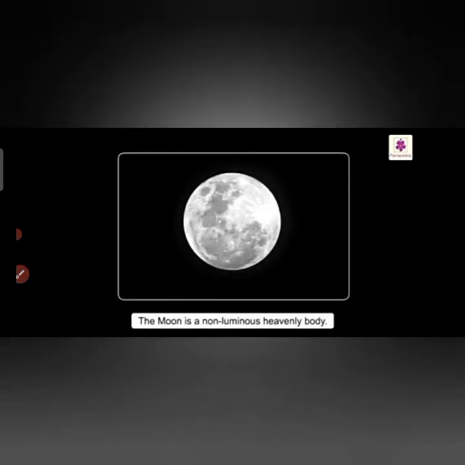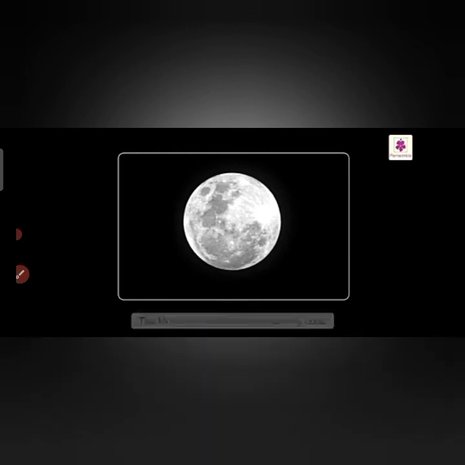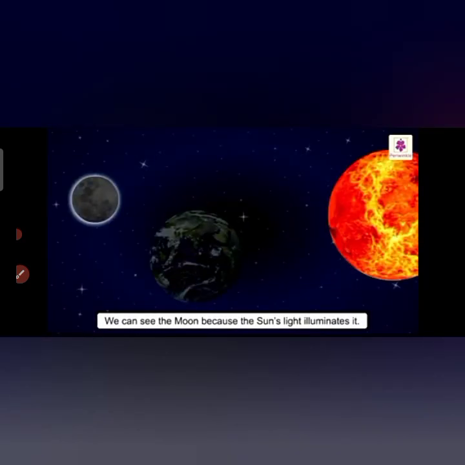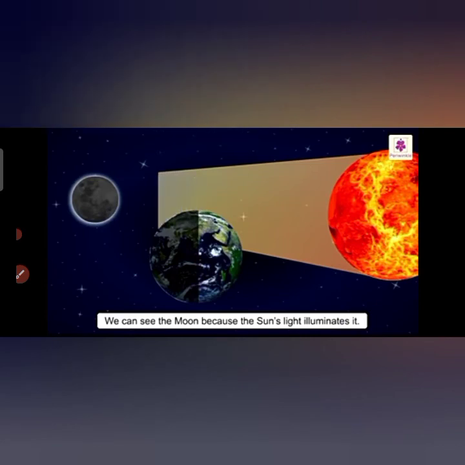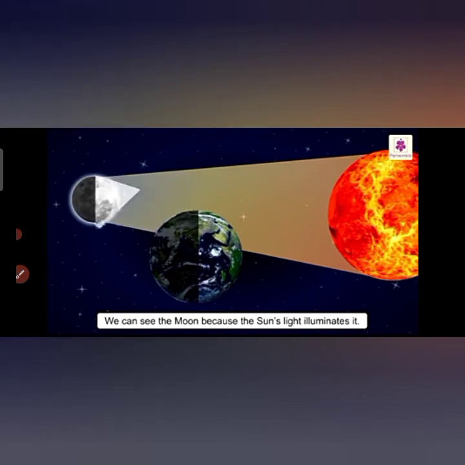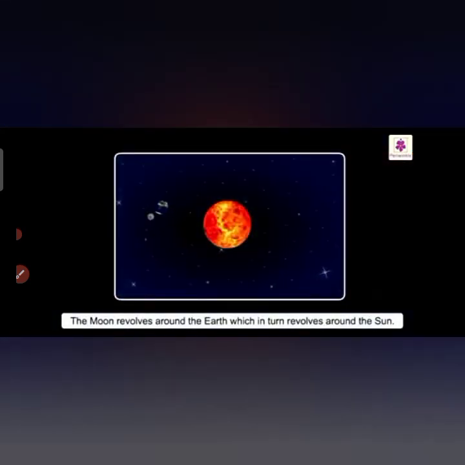The moon is a non-luminous heavenly body. We can see it only because the sun's light illuminates it. The moon revolves round the earth, which in turn revolves round the sun.